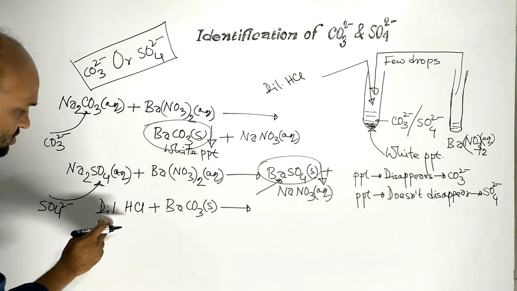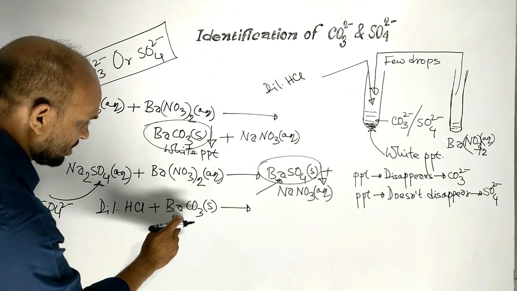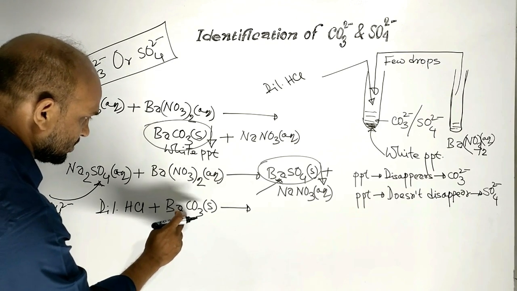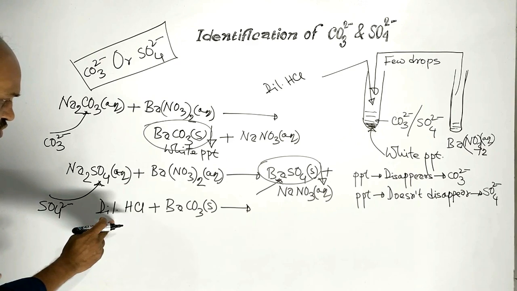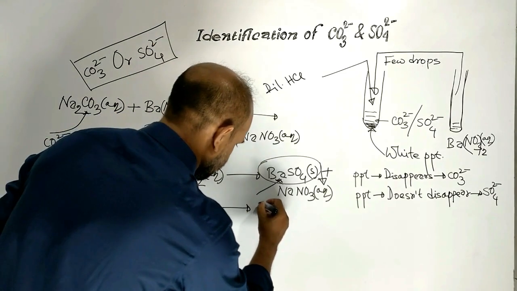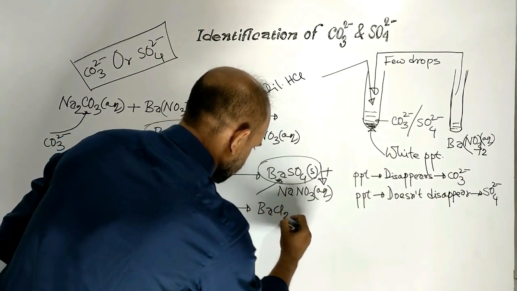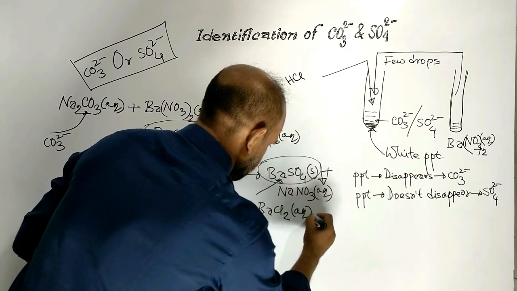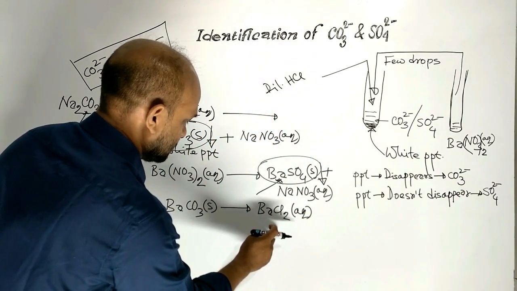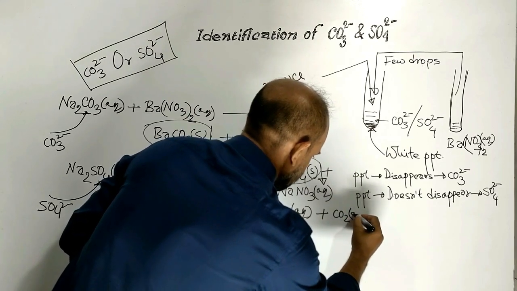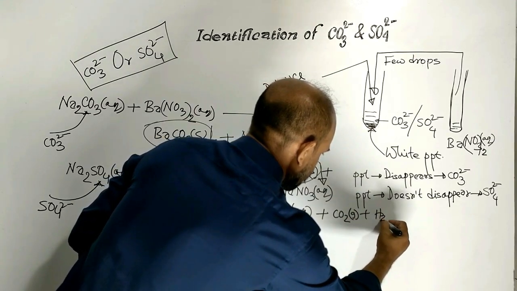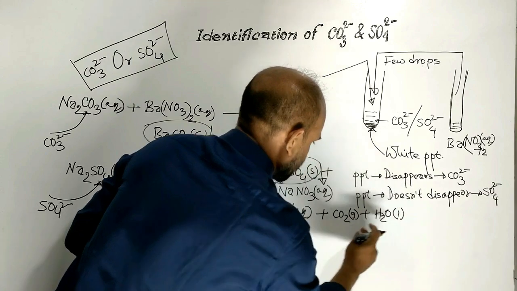Diluted hydrochloric acid reacts with barium carbonate. It means barium carbonate dissolves in diluted hydrochloric acid to form barium chloride, and carbon dioxide and water are formed as byproduct.